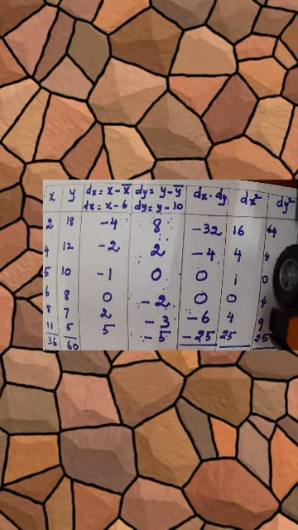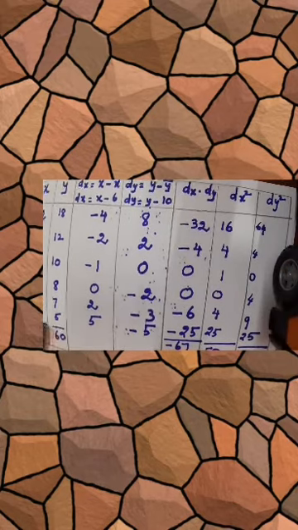Now what we are going to do is total this dx dy column, total dx square, and total dy square. Okay, students. So the total of dx dy you will get minus 67.